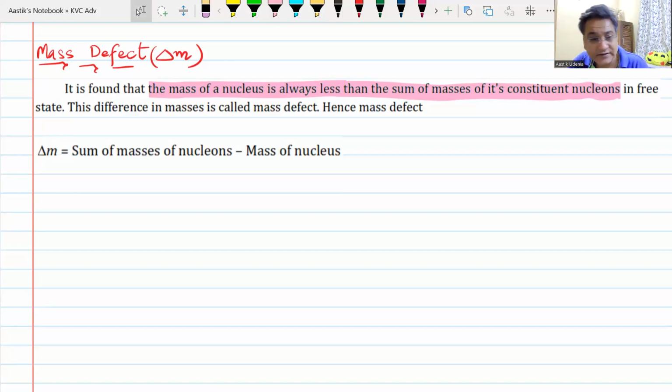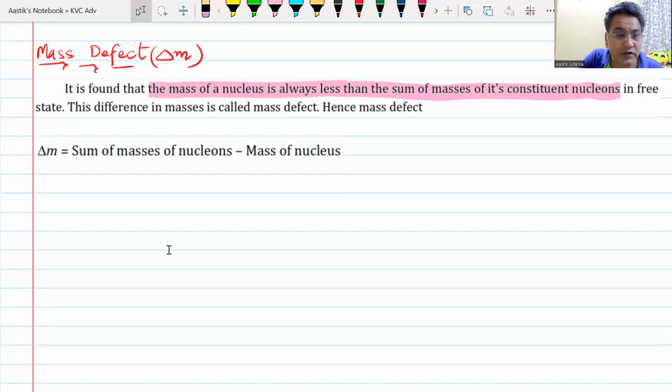So mass defect is the sum of the mass of the nucleons minus the mass of the actual nucleus. Do we understand this?